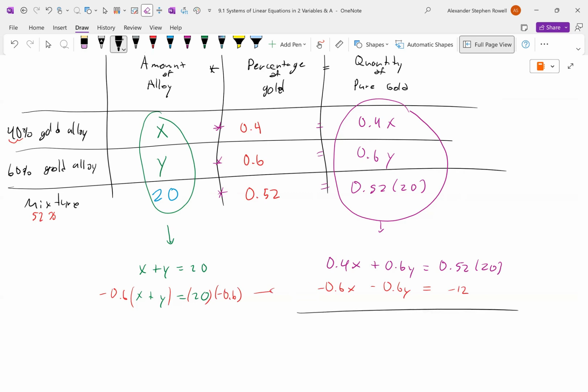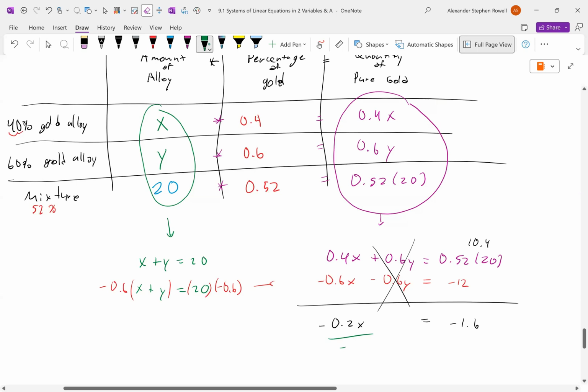So we add the sides together and the y variables eliminate, and we get negative 0.2x is equal to, anyone have a calculator? Is this 10.4? 10.4 plus negative 12 is negative 1.6.